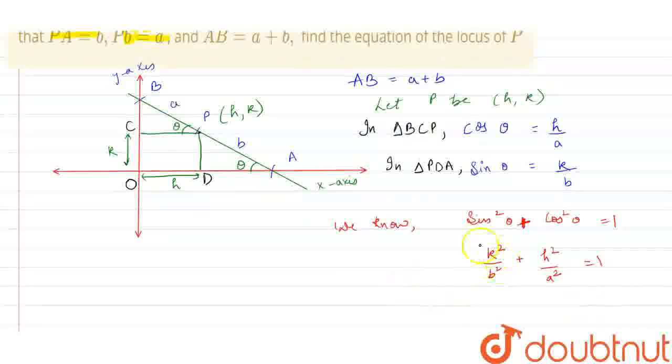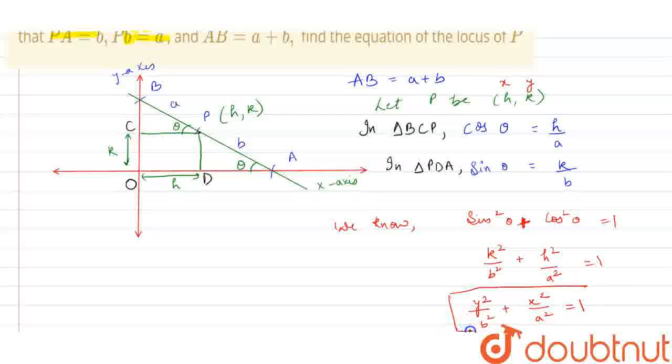We have taken k as y coordinate and h as x coordinate, and we need the equation in the general form only. So here we'll replace h and k with x and y. So we'll write y square upon b square plus x square upon a square is equal to 1, and this is the equation of the locus which we need to find.